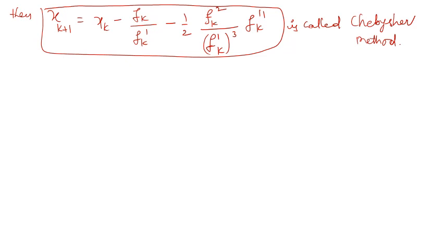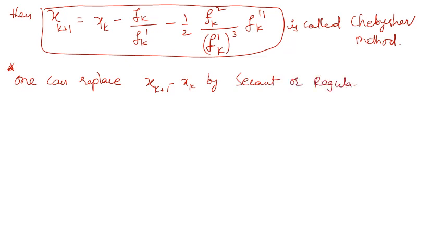One can also replace xk plus 1 minus xk by the secant or regula falsi method, but that is not known as the Chebyshev method. If I replace it by the Newton-Raphson method, then the formula is known as the Chebyshev method. Is that clear? So remember this point.